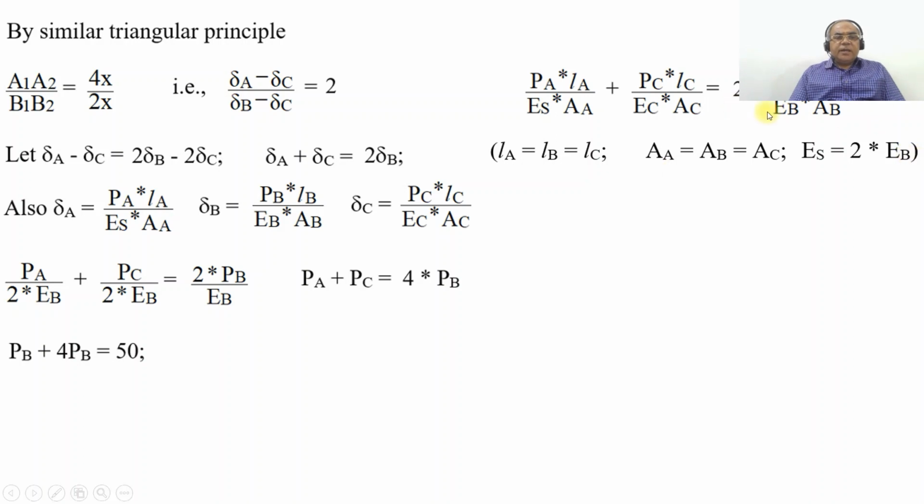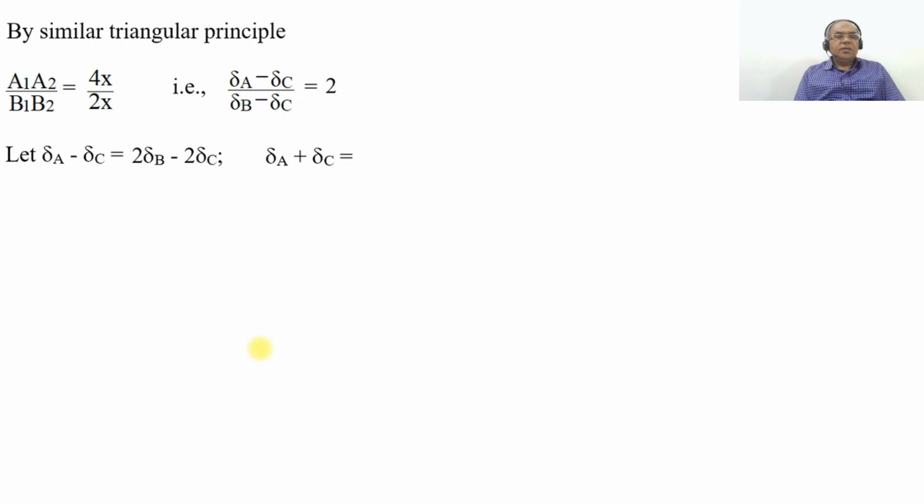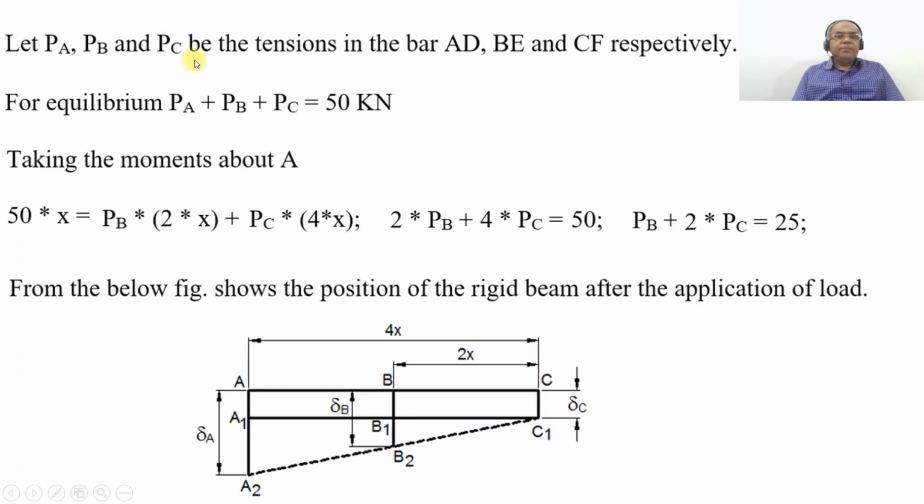So from the equilibrium condition, what we know, PA plus PB plus PC is equal to 50. And PA plus PC is equal to 4 times PB. So you substitute that PA plus PC is equal to 4 times PB in the equilibrium condition equation, at this particular point. What we are trying to do is apply it here, PA plus PB plus PC is equal to 50.